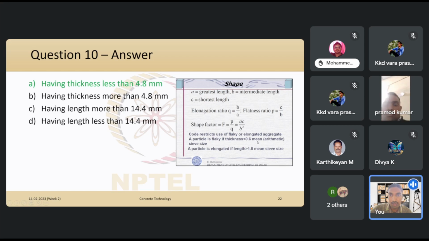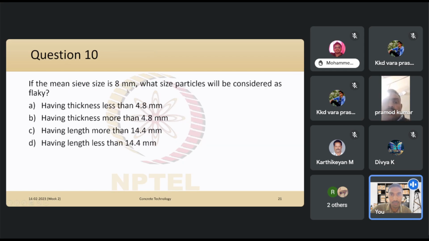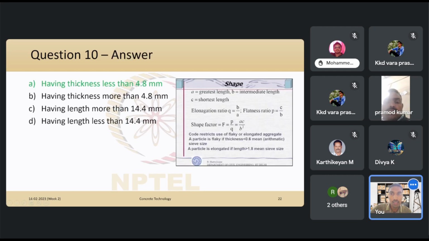In our case, the mean sieve size is 8 mm, so 0.6 times 8 mm is 4.8 mm. So we compare the thickness, and if it is less than 4.8, then we call that particle flaky.